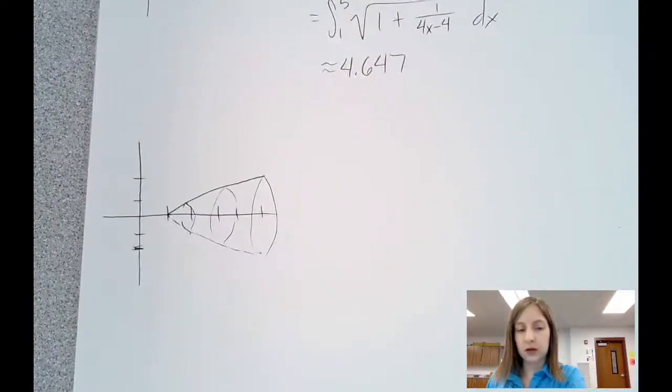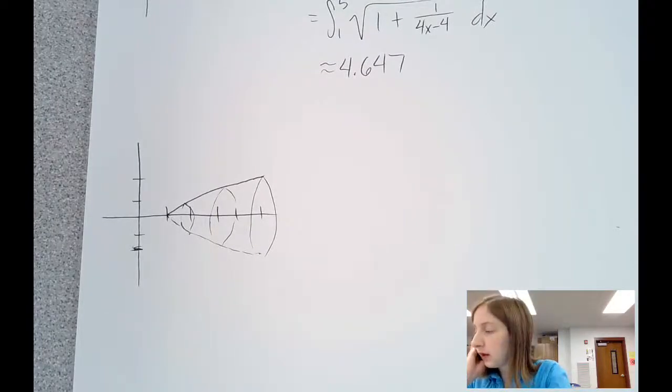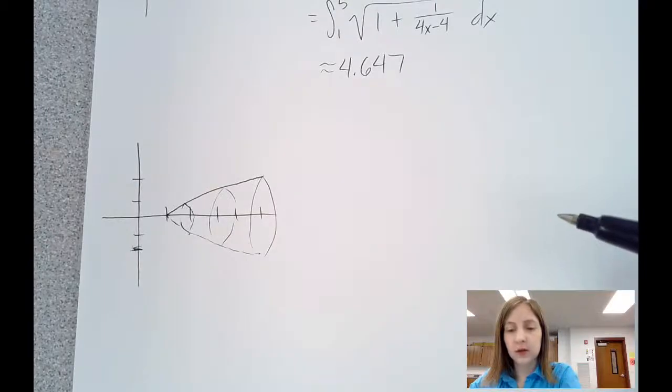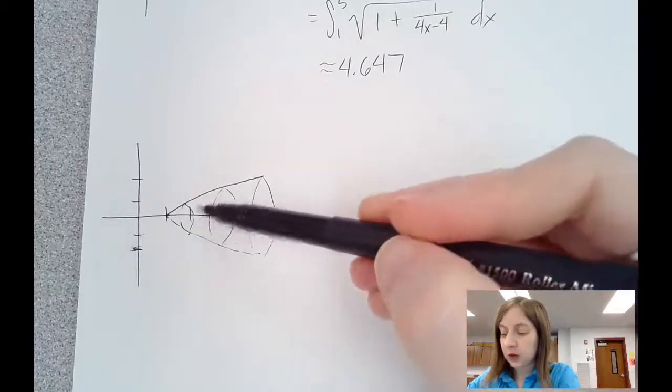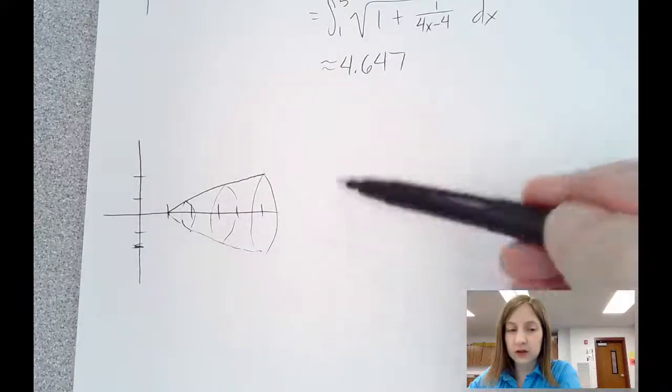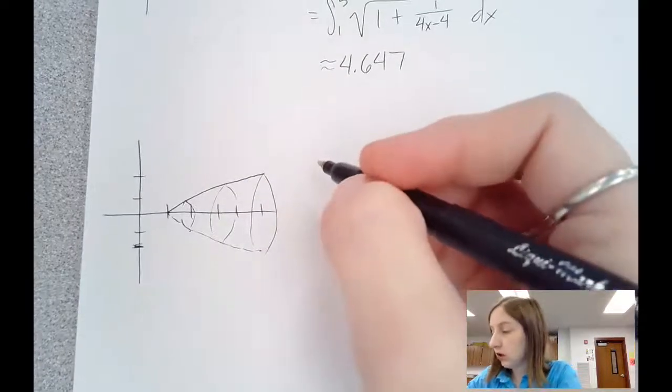Oh, sorry, you can't see that. There we go. If we revolve that around the x-axis, what is the surface area of this shape? You could say this whole area in here is filled in or not. It doesn't matter because we're just getting this outside surface area of this shape.